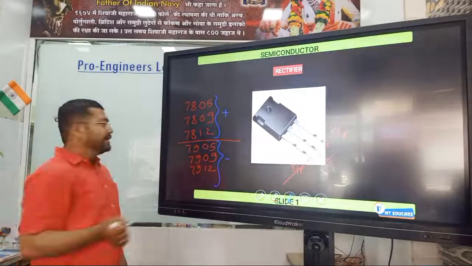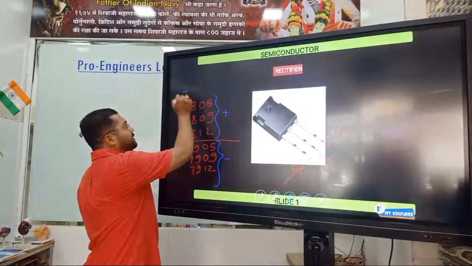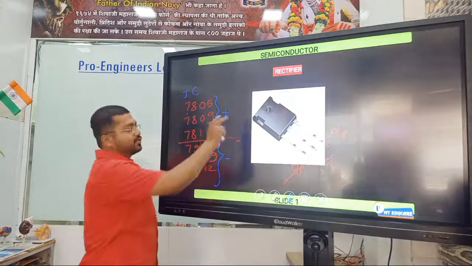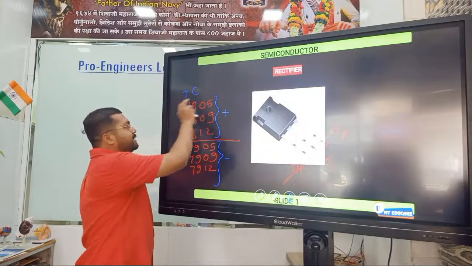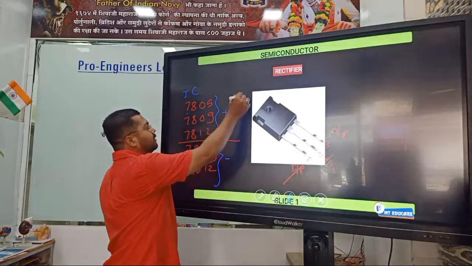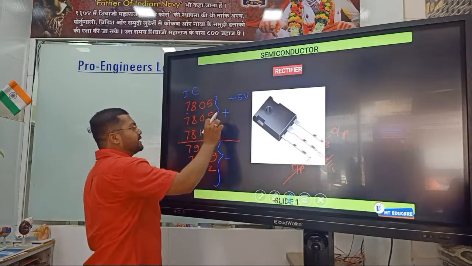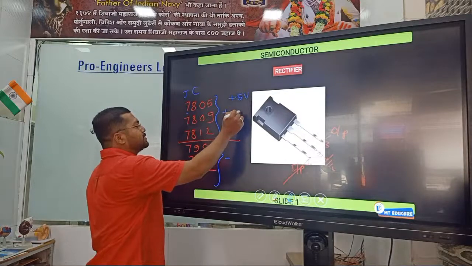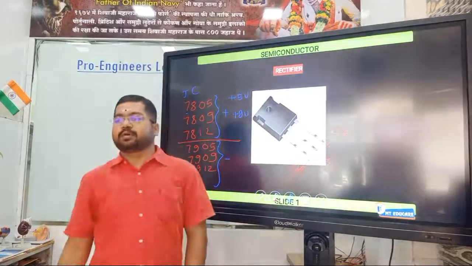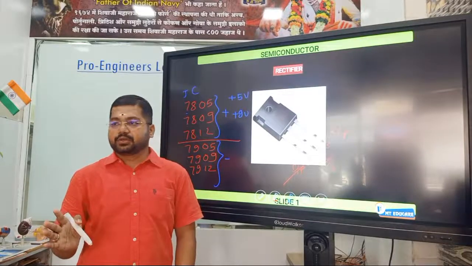It means if I am using IC 7805, an integrated circuit, called an IC, it will give us positive 5 volt. If we are using 7809, it will give us positive 9 volt. It means it is restricted to that much amplitude.